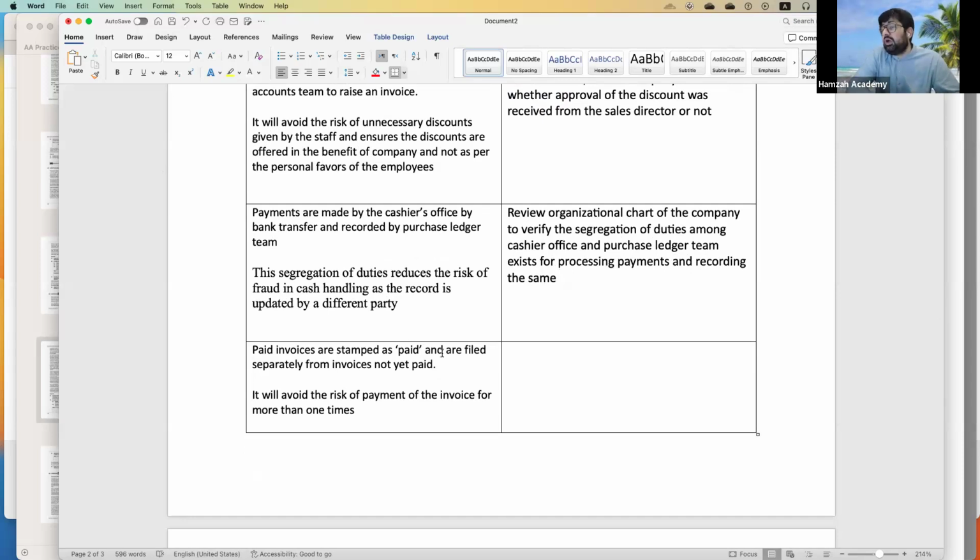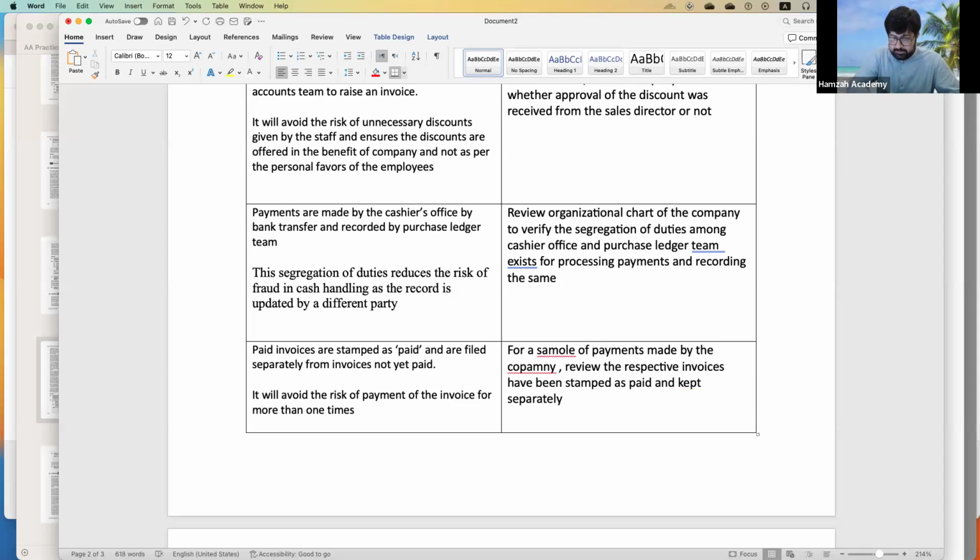So, paid invoices are stamped as paid and are filed separately. For a sample of payments made by the company, review the respective invoices have been stamped as paid and kept separately from unpaid invoices.